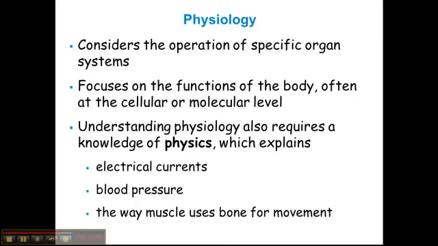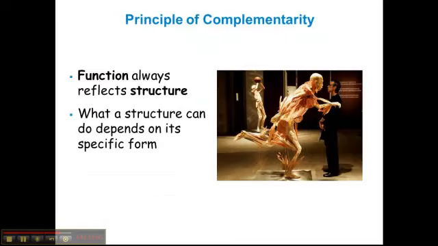Also in the mechanics involved in the way the muscles move bone for movement. Anatomy and physiology work together, and we can describe this as the principle of complementarity. Here we see that function is always going to reflect the structure, and what we mean by this is that what a structure can do depends on its specific form.